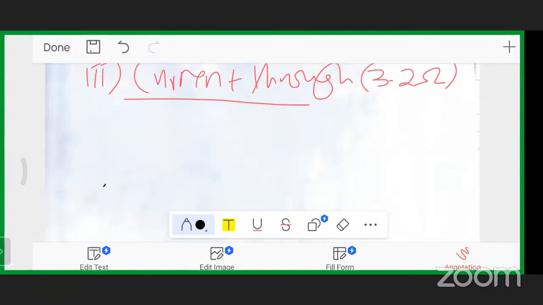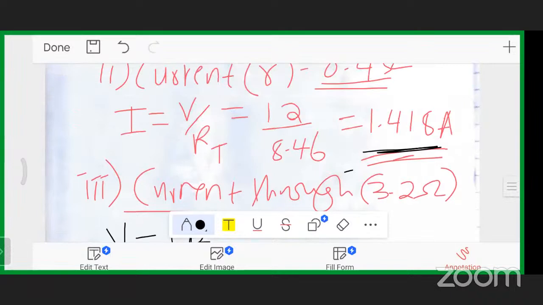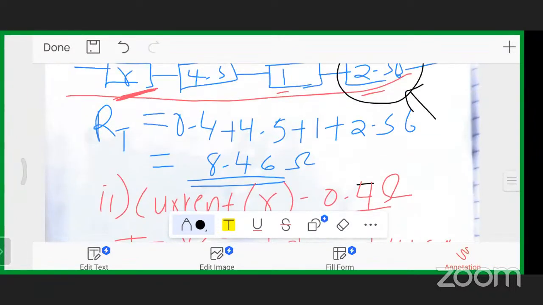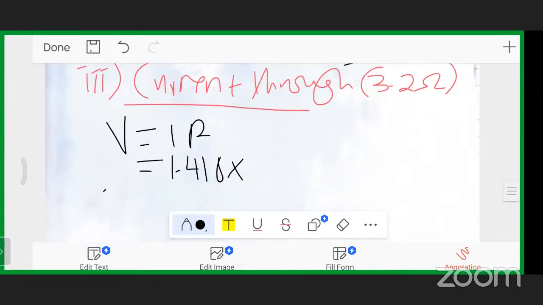The voltage there would be IR, and I is the one we have found up there, 1.418, times the effective resistance, which in that case was 2.56.